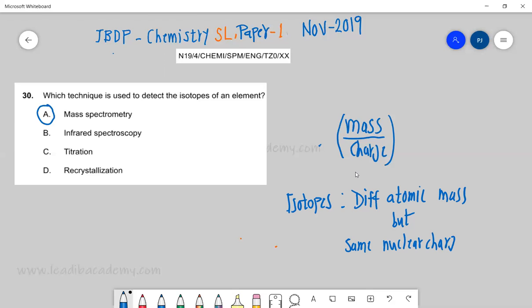So the only best bet is to use mass spectrometry. You need to have an understanding of the principles of these separation techniques, and based on that you can easily make out that the only correct option is option A. Simple.